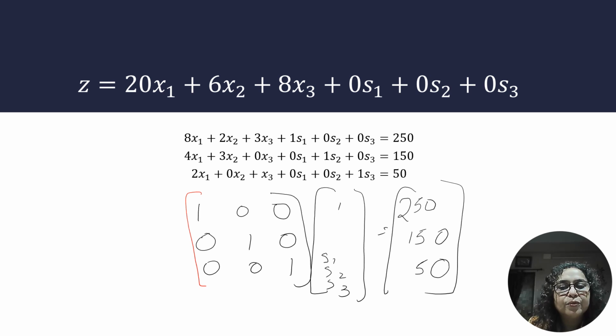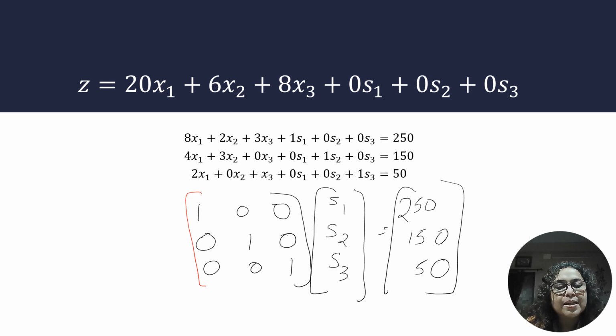I will remove this, and since I have already set x1, x2, x3 equal to 0, I have S1, S2, S3 equal to this set of constants.